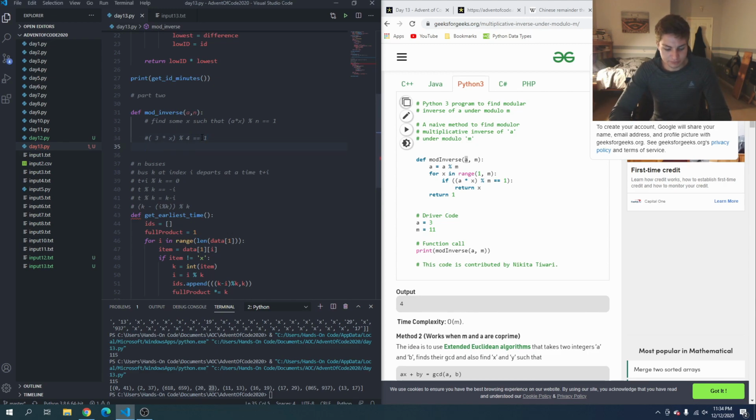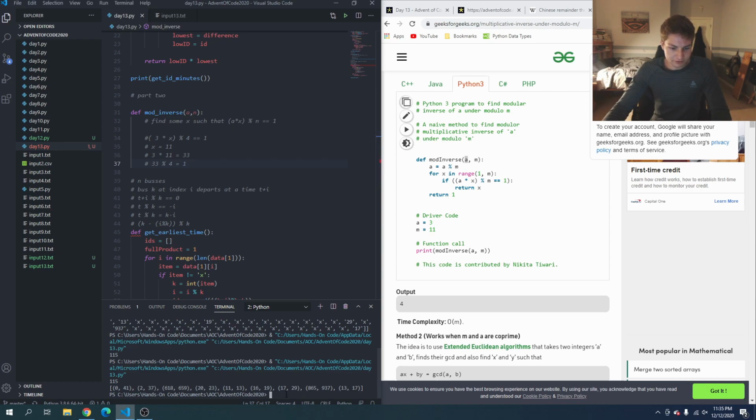Now that x would equal 11, because 3 times 11, man, I keep forgetting comments, 3 times 11 is equal to 33, and 33 mod 4 is equal to 1.